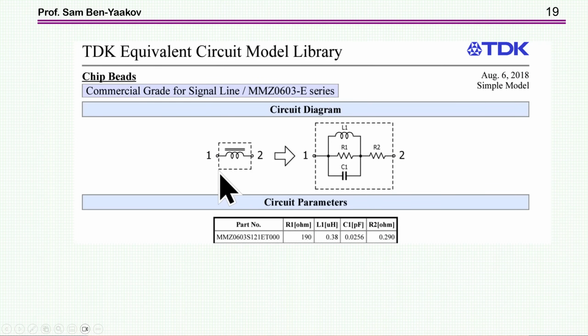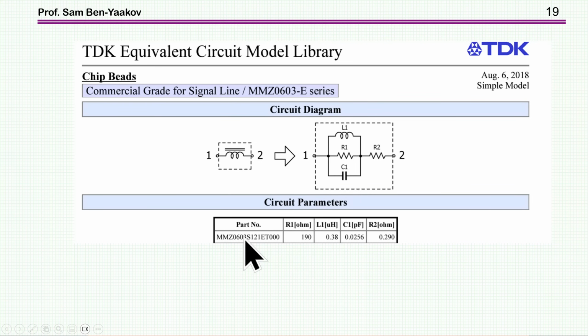And here I'm using a very simple model of a ferrite. This is from TDK. This is actually operation of the ferrite, you might say. You see that it has an inductance, but then it has a resistance, and then there is actually a capacitance, because at very high frequency the impedance actually goes down.